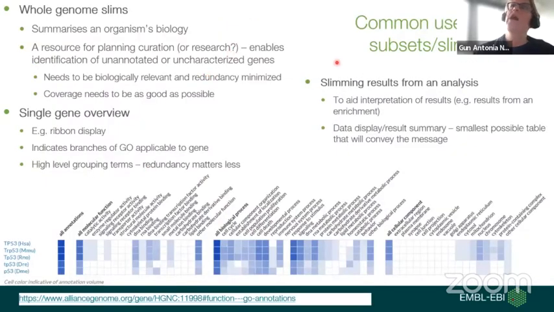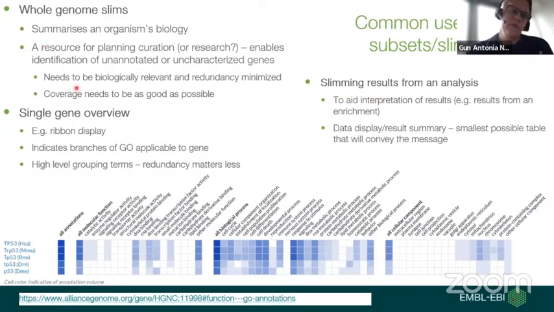So basically you have 3 different common uses of slims. You can make a whole genome slim in order to summarize an organism's biology. This is useful if you want to plan curation, because you can see what areas are under-annotated, but perhaps also for research, to see where research efforts should be focused, because it enables you to identify unannotated or uncharacterized genes.